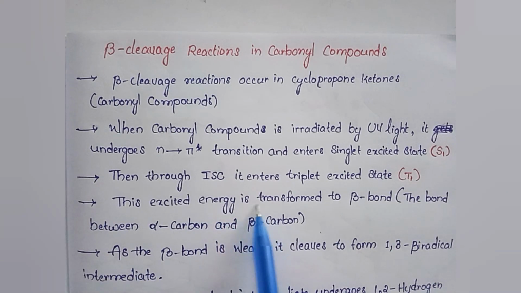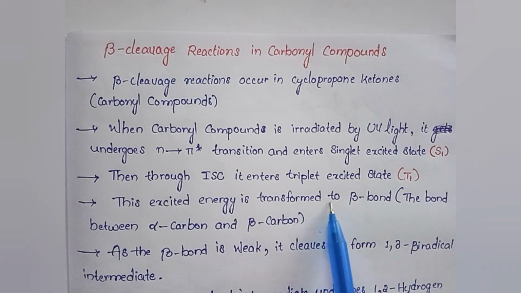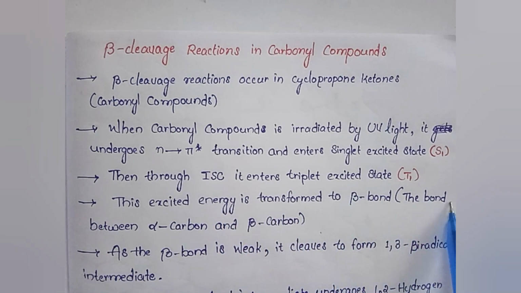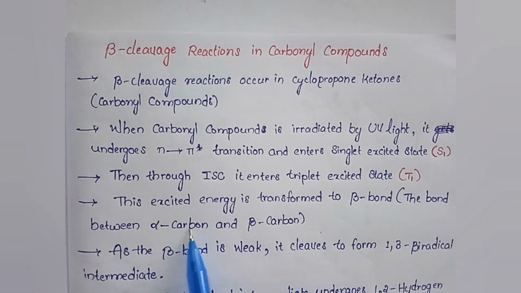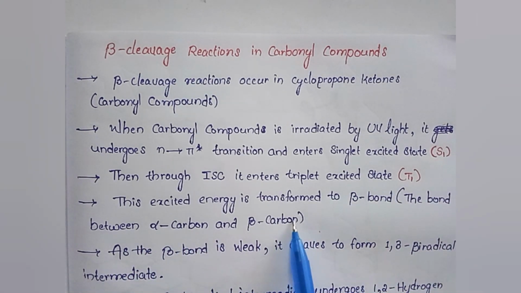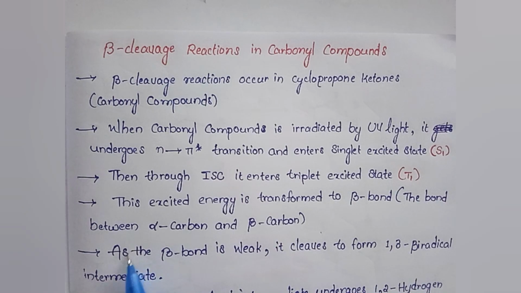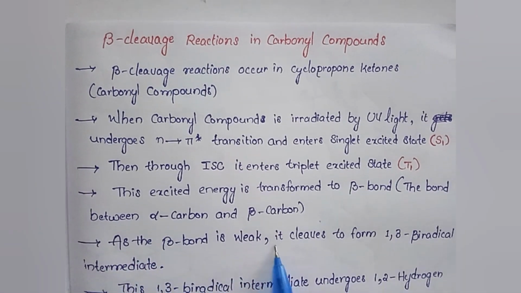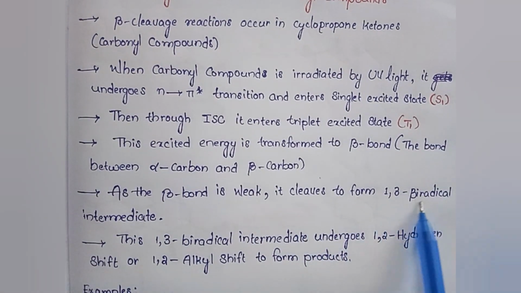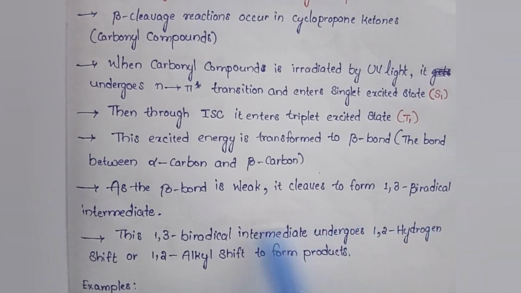This excited energy is transferred to the beta bond, the bond between alpha carbon and beta carbon. As the beta bond is weak, it cleaves to form a 1,3 biradical intermediate.